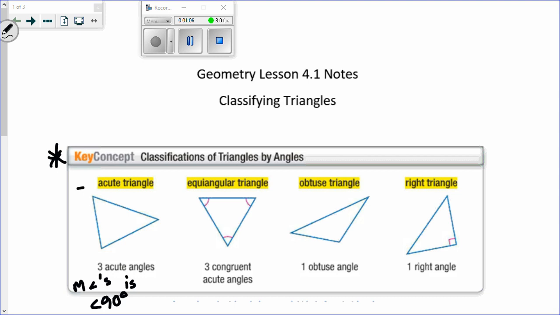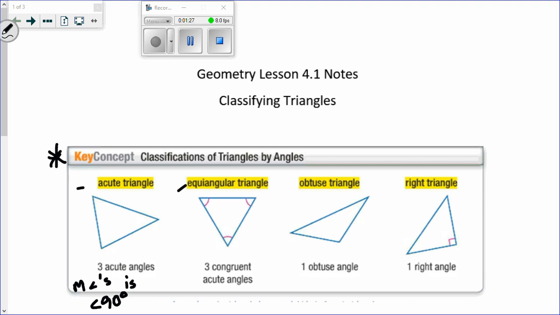All of them are acute. Equiangular triangle means that all angles are congruent. The measure of all 3 angles are congruent, so they would all be acute angles. We'll also find out later on that they would all be 60-degree angles. So that's an equiangular triangle. All 3 angles are equal, are congruent.